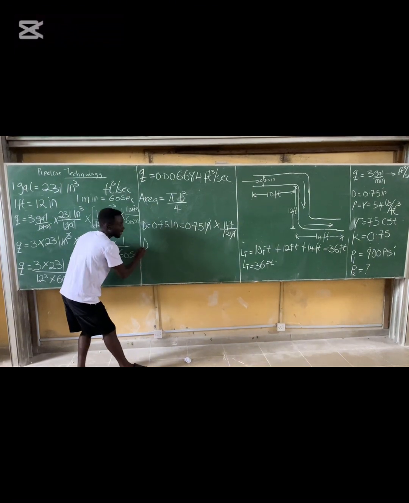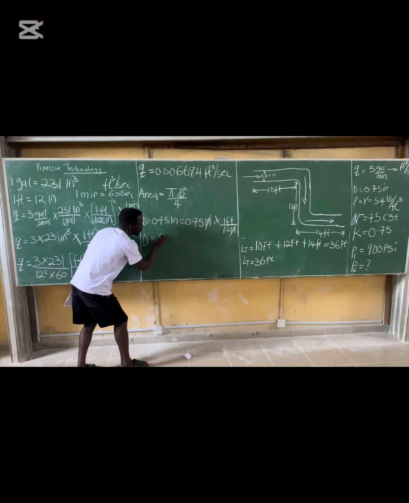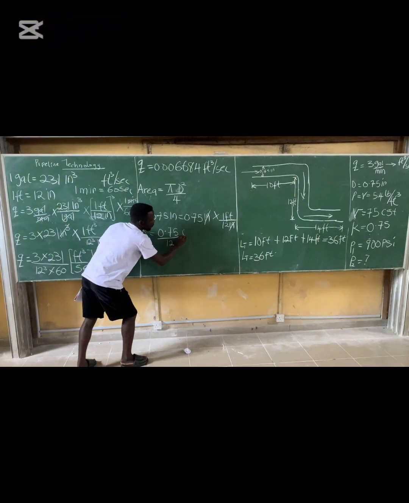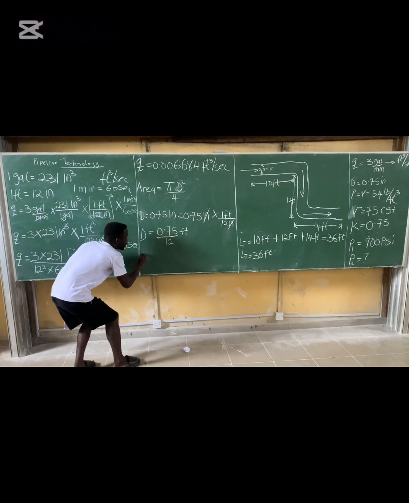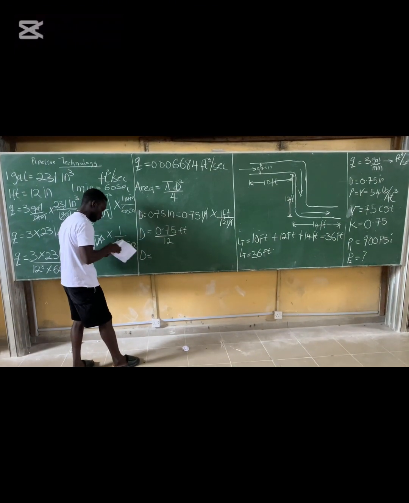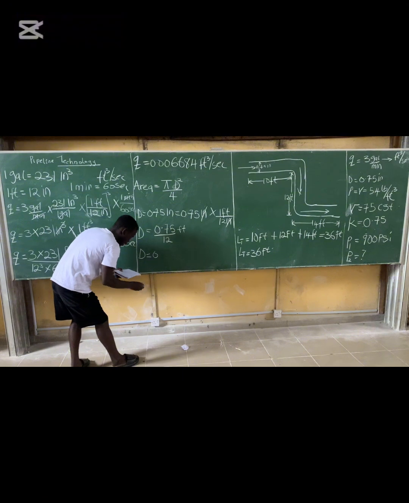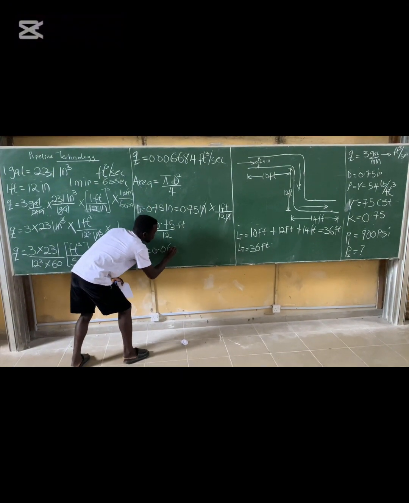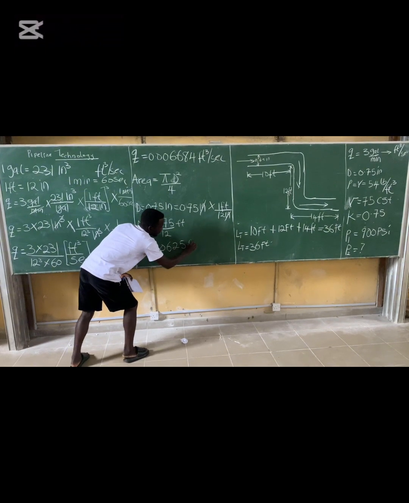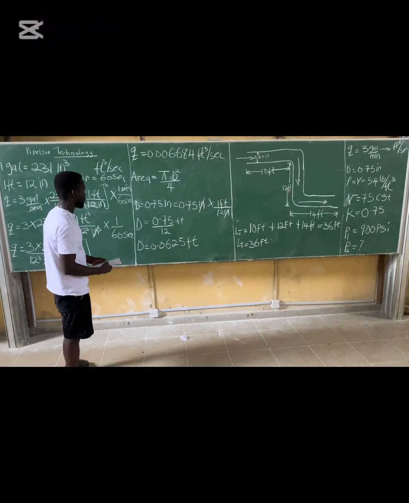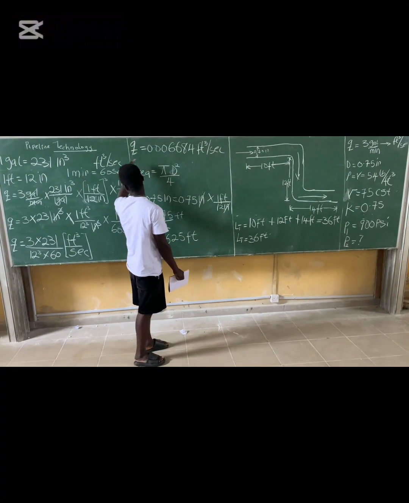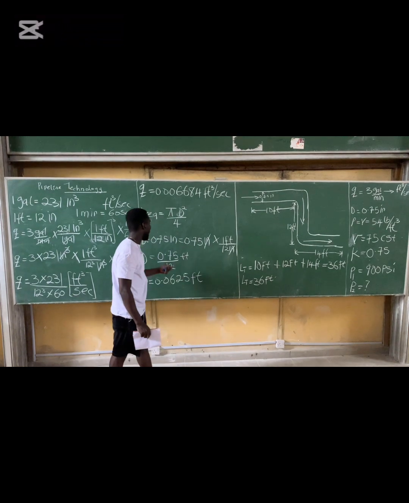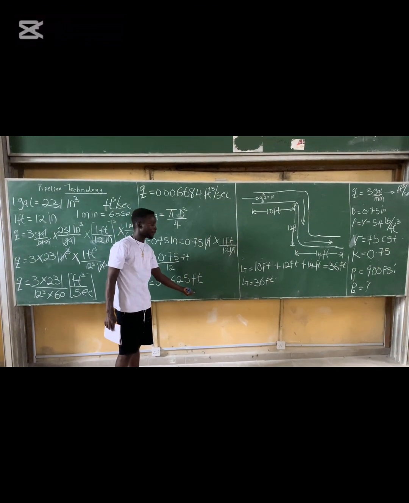So therefore, our diameter here will be equal to 0.75 divided by 12 feet. If you do this, diameter d will be equal to 0.0625 feet. So therefore, we have successfully converted our flow rate from gallons per minute to cubic feet per second and our diameter from inch to feet.